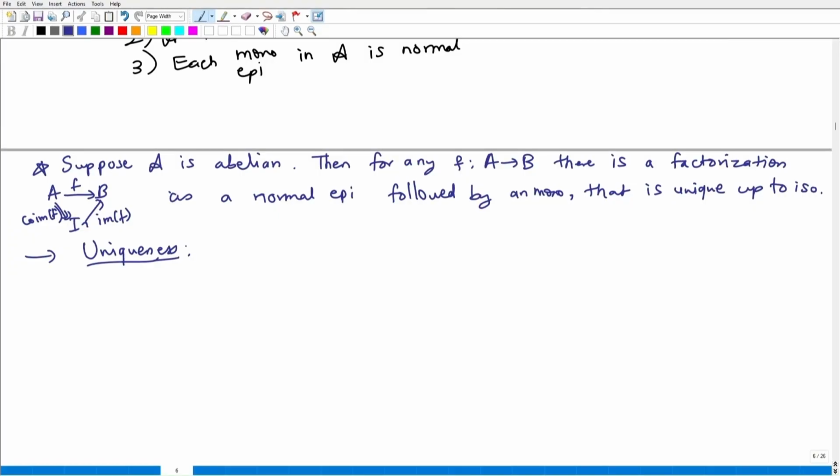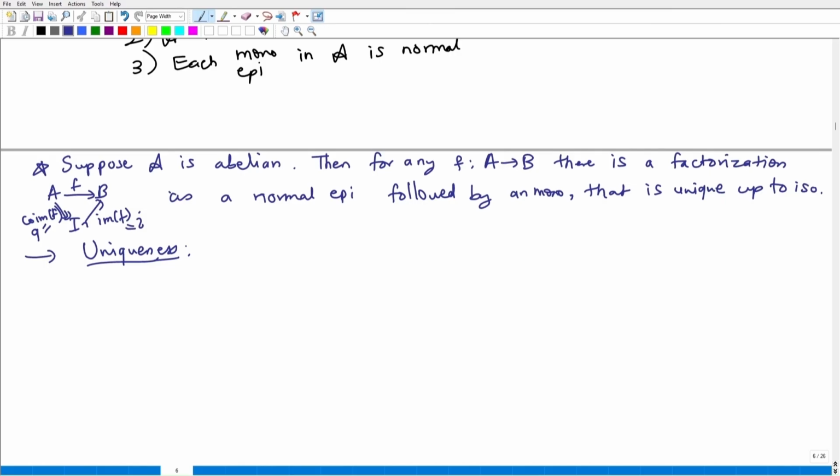So that's why I'm doing these proofs. For short, I'm going to call this co-image Q and image I. Q is a good notation for a quotient, and I is for inclusion.